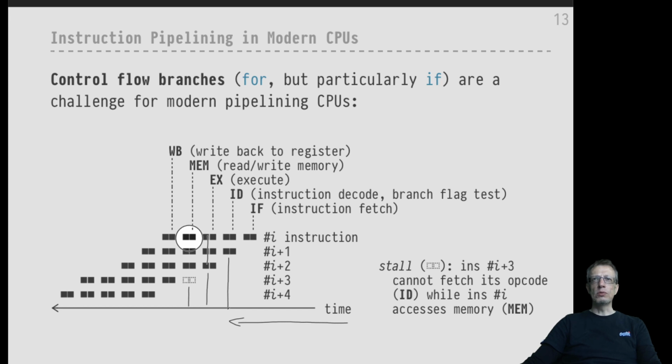So we would use the memory bus from CPU to the RAM to satisfy this MEM request, to implement this MEM stage of the very first instruction. And we would have to stall this instruction at address I+3. It will have to wait until its instruction fetch can actually be started one cycle later.